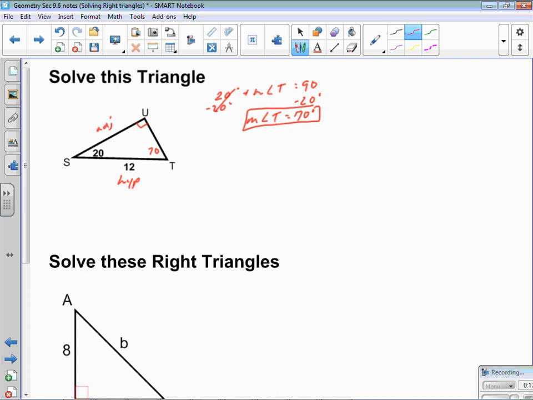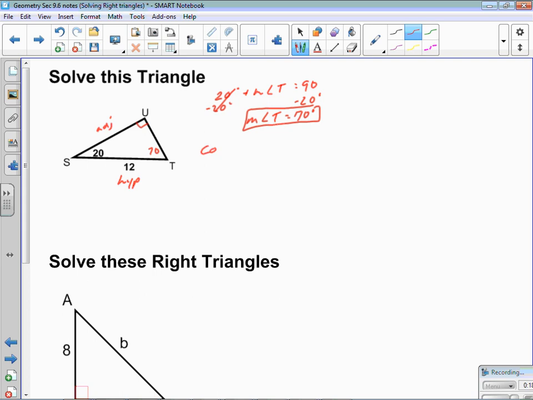And side SU is the adjacent side. So I'm looking at trying to solve for US here. It's the adjacent. We know I have the hypotenuse. So we're going to use the trig function that deals with the adjacent and the hypotenuse, which would be cosine.